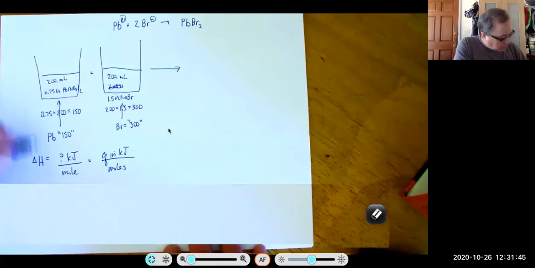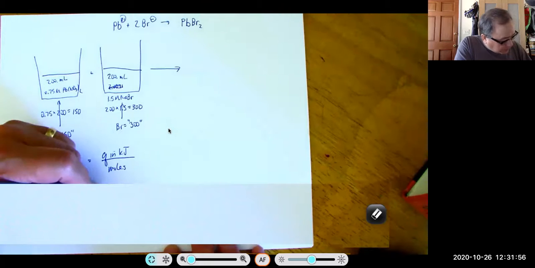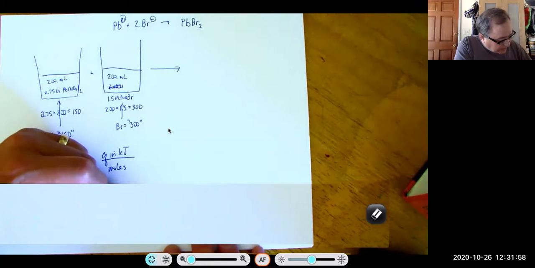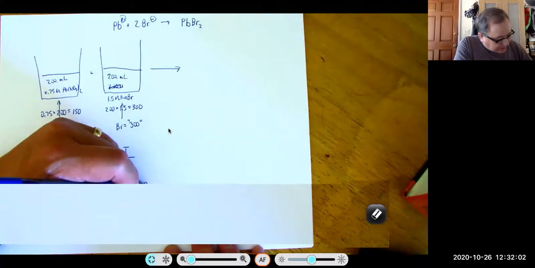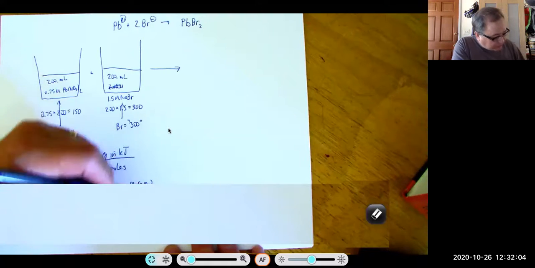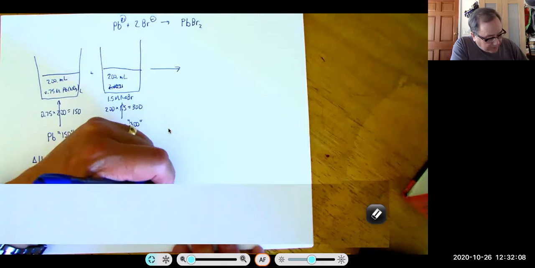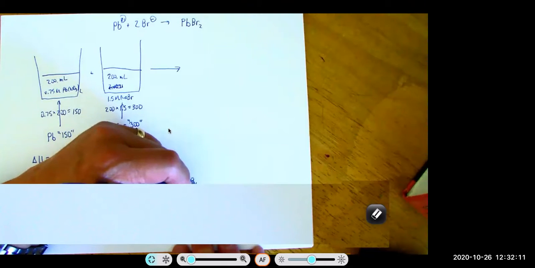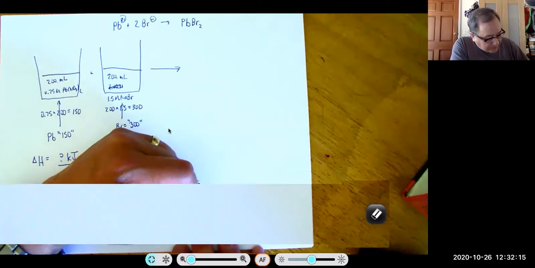To calculate the moles, I'm going to take my 200 milliliters, multiply it by 1 liter per 1,000 milliliters, and multiply that by 0.75 moles of lead(II) nitrate per 1 liter of solution. And then I'm going to multiply by 1 mole of lead bromide per 1 mole of lead nitrate.